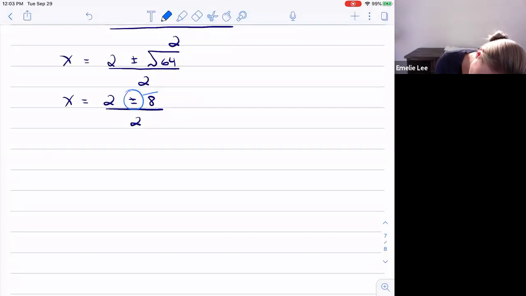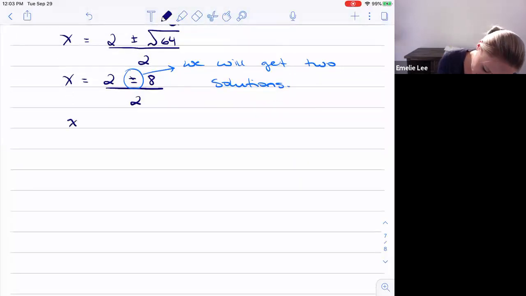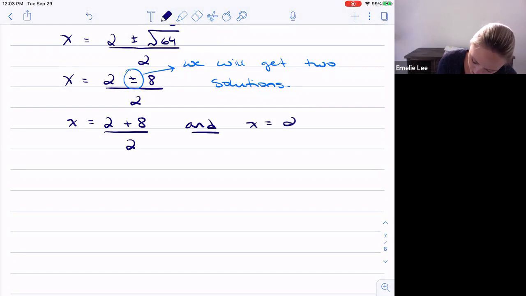So this means we will get 2 solutions. It's going to look like x equals 2 plus 8 divided by 2, and x equals 2 minus 8 divided by 2.